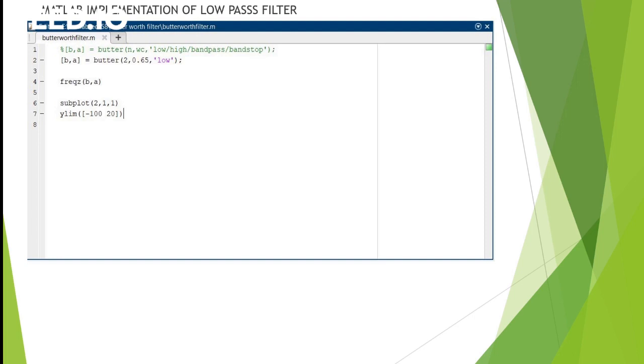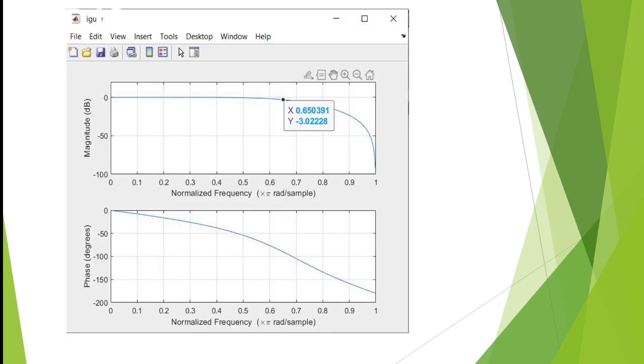So by using this function we'll be implementing the low pass filter which we used in the above example. By running the code in MATLAB we'll be getting the graph as shown in the figure, and when you point at the graph near the cutoff frequency we can observe the graph bending exactly at the cutoff frequency, which is similar to the ideal low pass filter graph.